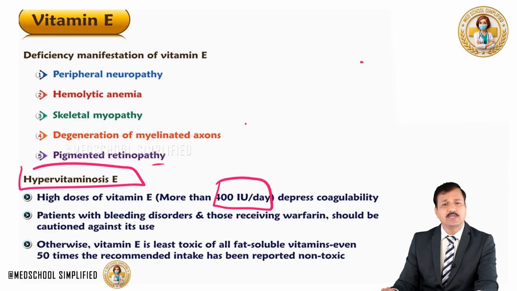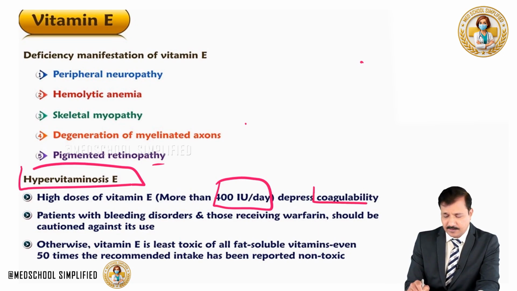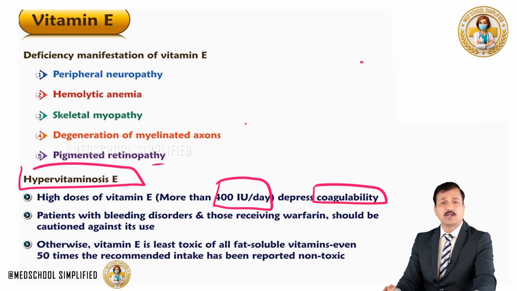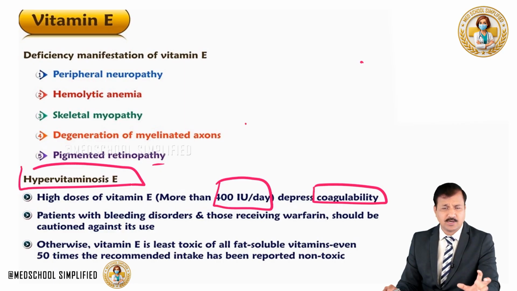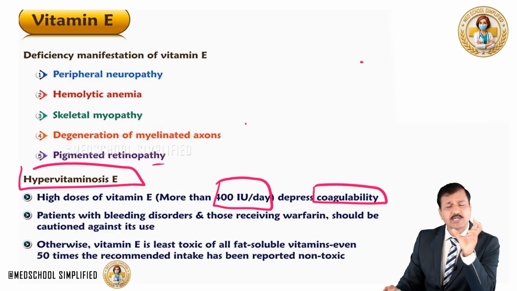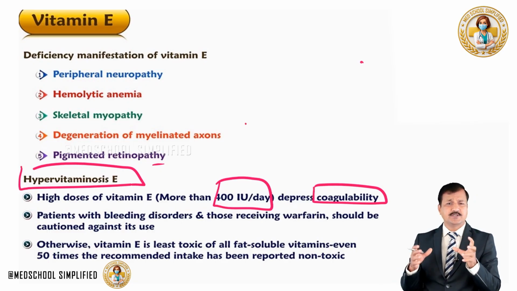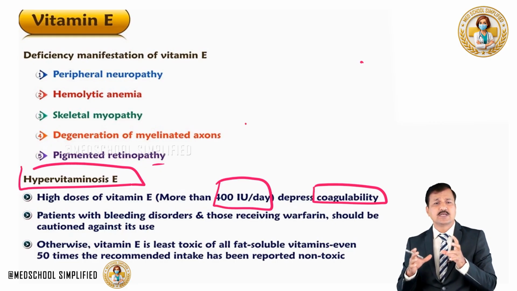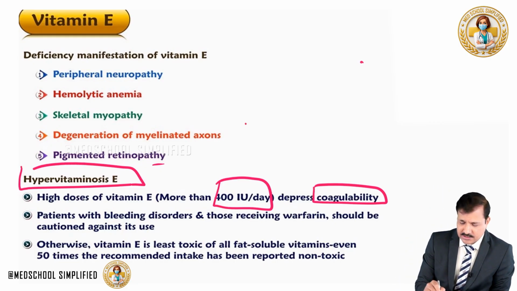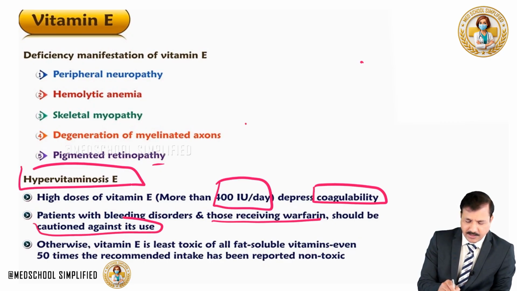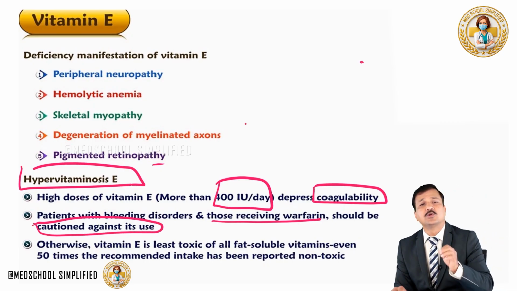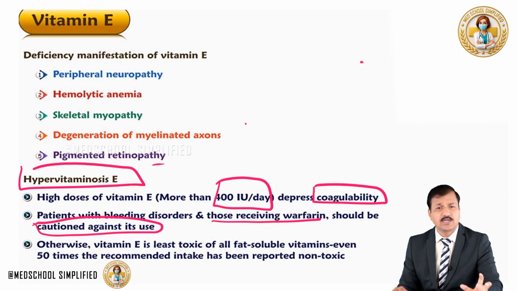Excess vitamin E can depress coagulability, that means clotting of the blood, because vitamin E potentiates the blood thinning effect, that means coagulation may be decreased. So patients with bleeding disorders and those receiving warfarin should be cautioned against the use of vitamin E, especially in excess doses.